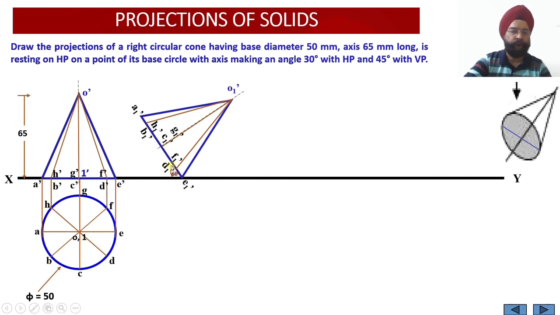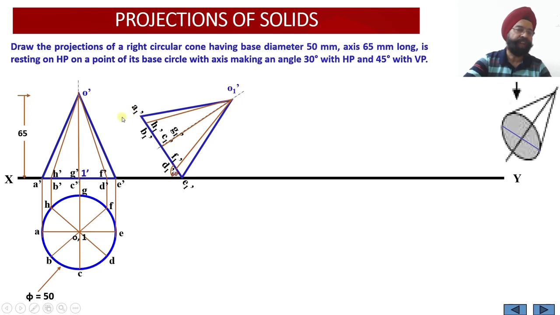So these 5 points we are going to mark. The moment these 5 points are marked, E1 dash is located automatically, F1 dash D1 dash is located, G1 dash C1 dash and 1 dash are also located, H1 dash B1 dash is located here, and similarly A1 dash is located.